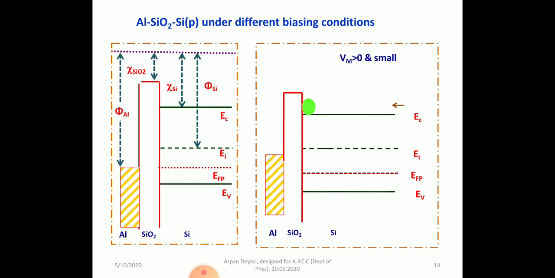Now, this is a p-type semiconductor. You are making more and more carriers in the oxide semiconductor interface, which are minority carriers.